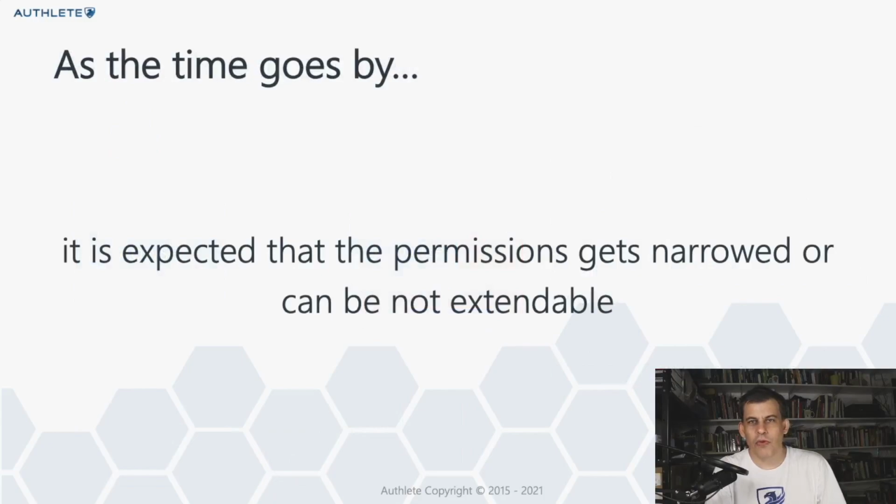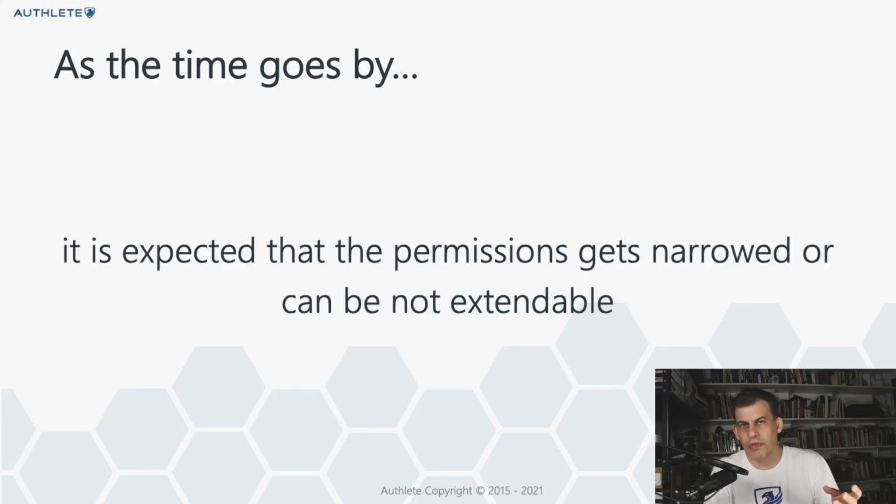So as time goes by, it's expected and probably semantically logical for the permissions to get narrowed, which means that when the authorization code was created, you got a certain level of access, and after some time, the same permissions are decreased in order to prevent abuse of the API.